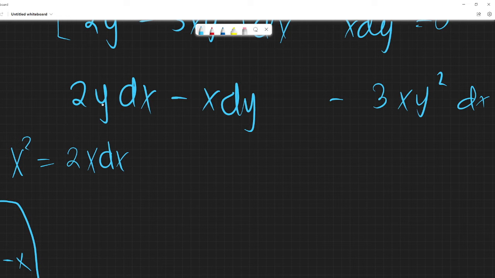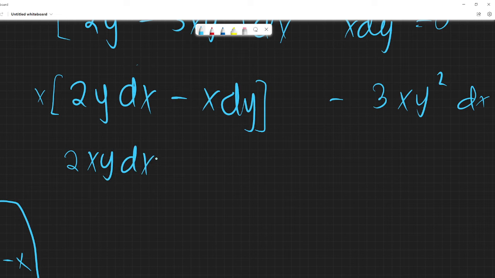So I need to multiply an x in this equation to satisfy this term. So the equation will be like 2xy dx minus x squared dy.